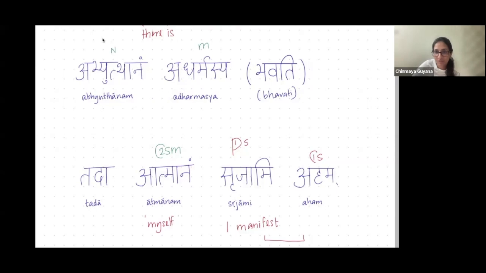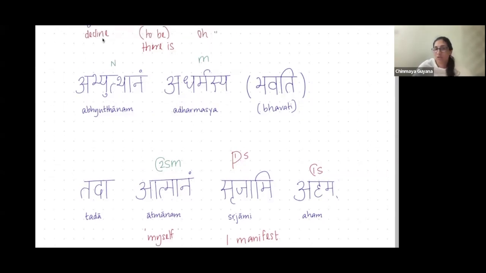Go back to the middle, the top sentence. What is the verb in the top sentence? Bhavati. Same, we just did that, so that should not be hard. Bhavati, third person, singular. There is. And then, what is our subject?